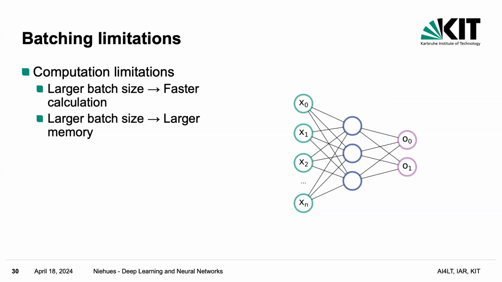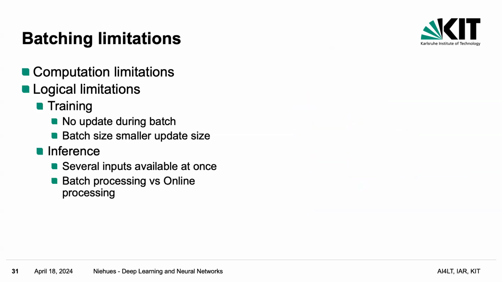But there's even more types of limitations. The other thing is logical. So on the one hand, it's training. Of course, during a batch, you cannot update your weights. I mean, you do the same operation on all your training examples, so you cannot update your weights in between because you're doing it at the same time. That means the batch size has to be smaller than how often you update your weights.